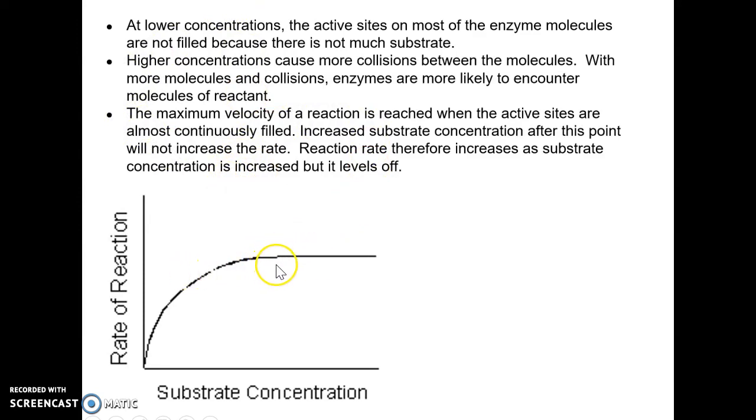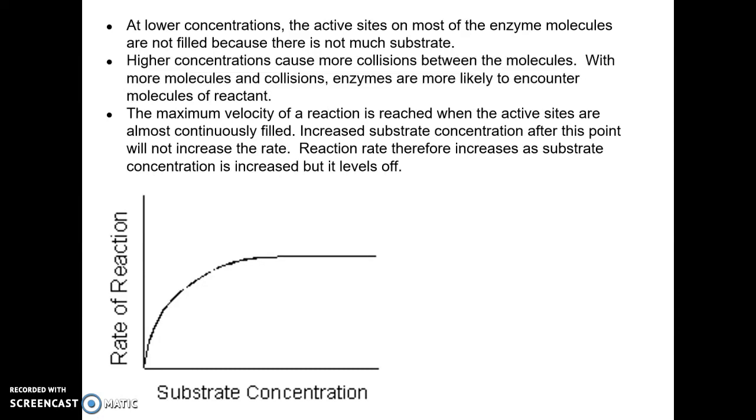And then the second important number to know is that when your rate of reaction is half of the maximum rate of reaction, the substrate concentration at which the rate of reaction is half maximal is known as the Michaelis-Menten constant.